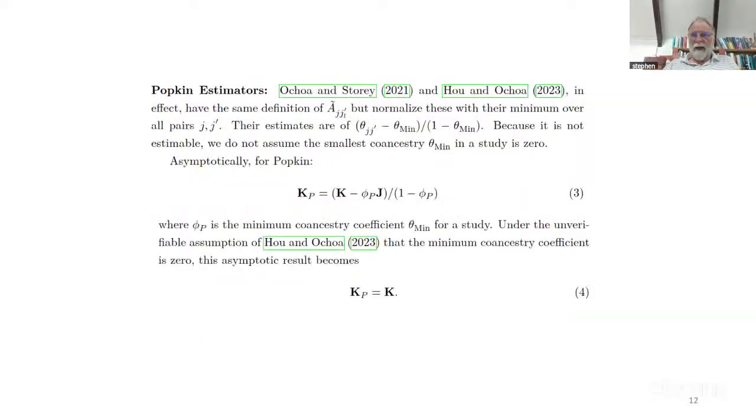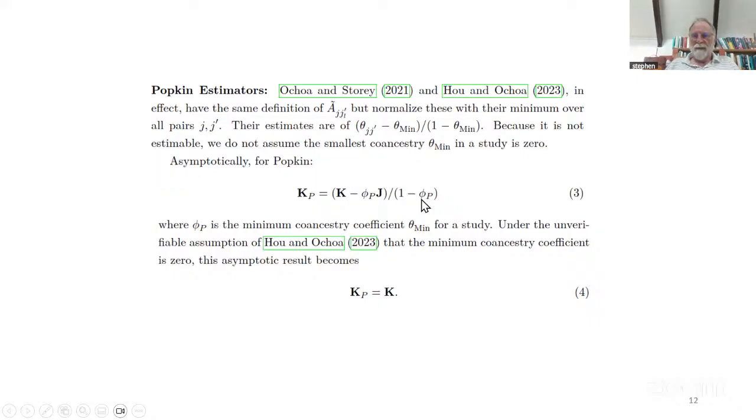There's another estimator, which is actually very similar in structure. You'll see that all that's changed here is that AS has been replaced by P. There's a side issue, which I won't go into, which is that under certain conditions it's not possible to test for. This KP becomes K because phi P is set to 0.